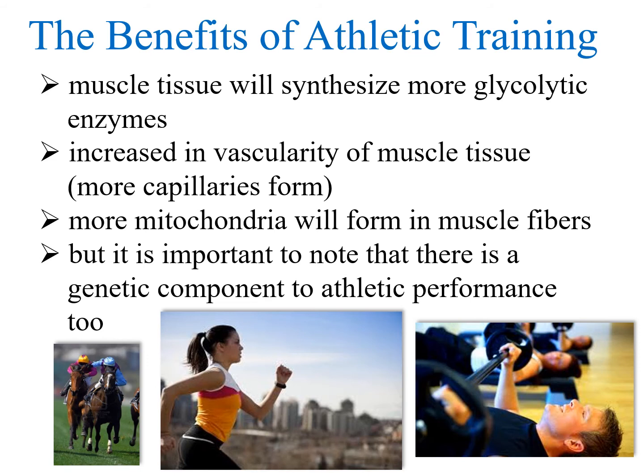So here are some various attributes that we have discovered occur in muscle tissue as a result of training. More glycolytic enzymes. That's, remember, the glycolytic process of breaking down the glucose into pyruvic acid. If you can generate more enzymes, you can break more of that glucose down into pyruvic acid more efficiently. You have more blood supply that often gets formed within the muscle tissue. You can carry more oxygen there quicker.